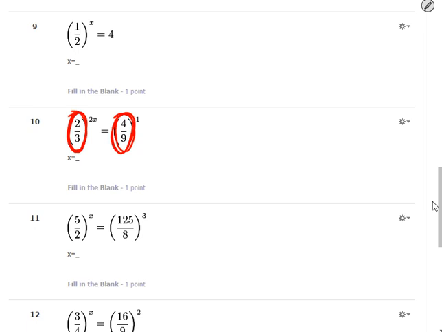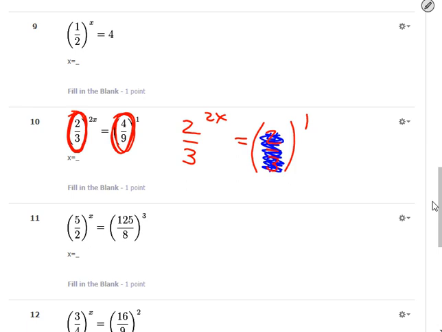Okay, so then, if this one's already right, how do I write 4/9, which is what used to be here? I'll write it in blue and then take it out. How do I write 4/9 as 2/3? Well, let me erase. 4/9 can be written as 2/3, but not to the 1/2.